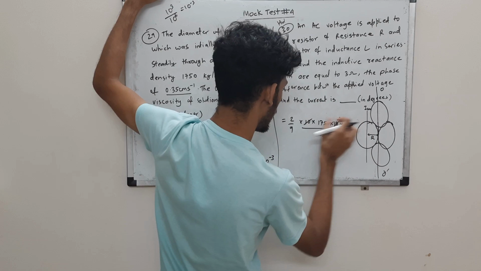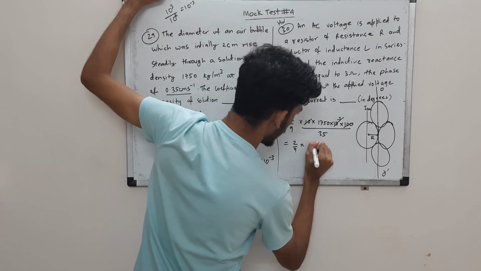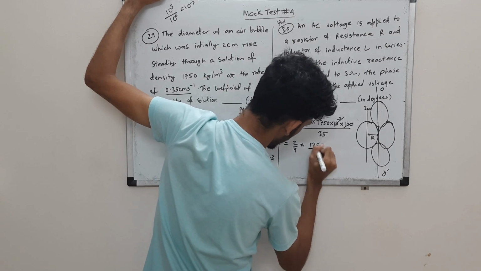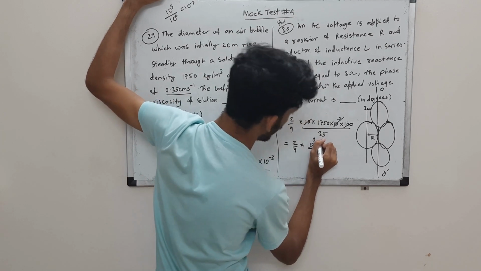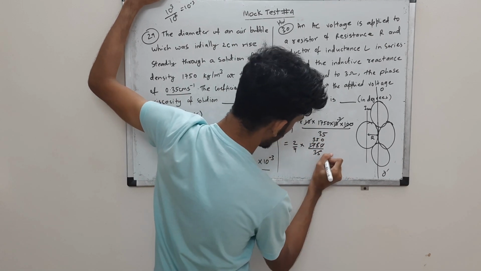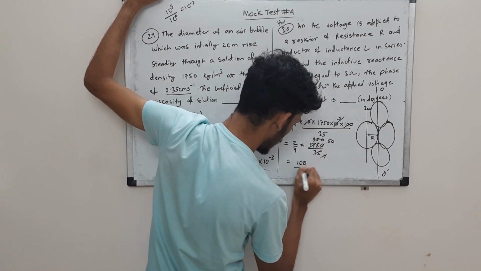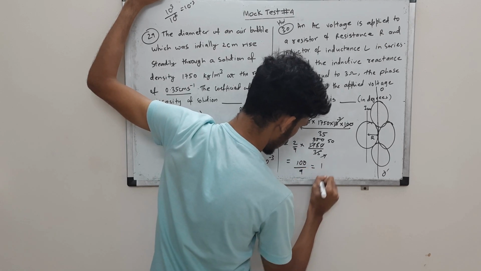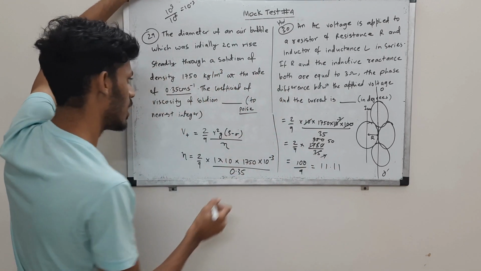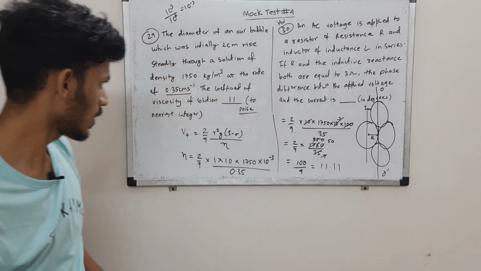So 2 by 9 into 1750 by 35. 5 sevens are 35, so we get 50, and 50 into 2 is 100, 100 by 9. 9 elevens are 99 with a remainder of 1, so 11 point 1. You are supposed to give the answer to the nearest integer, which is 11. If you round that off, that will give you 11. So that answer is 11.